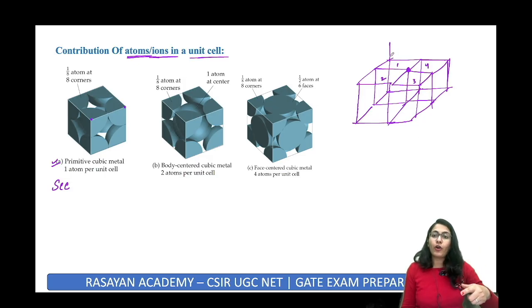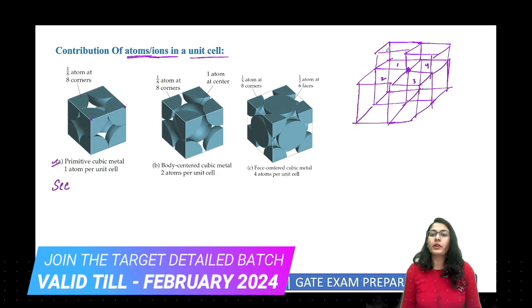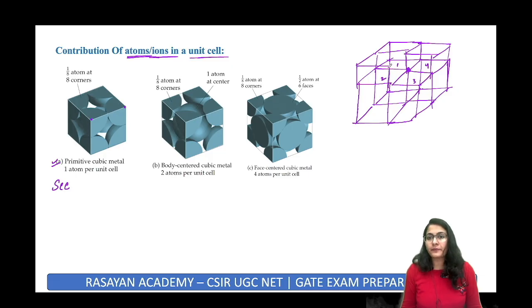If I try to draw this unit cell on the top, then all 4 are going to come on the top also. I know it is going to become a little messy, but it is important to imagine that the unit cells on the top are also like this. So the 4 unit cells on the bottom and the 4 unit cells on the top, all of these are sharing that particular atom on the corner.